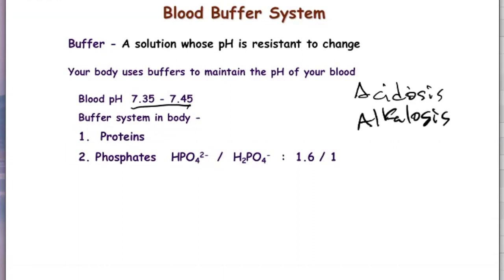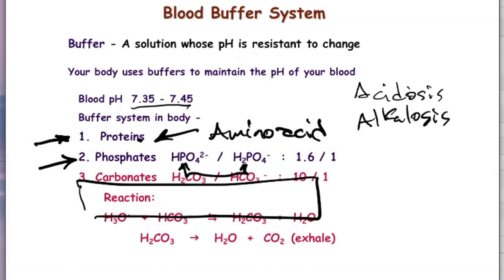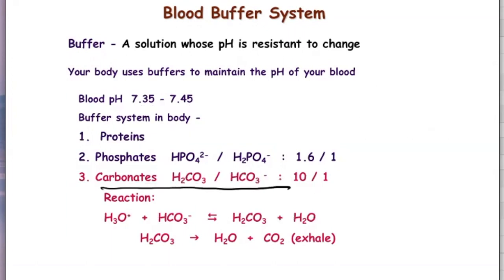The buffer system in our blood is mostly dictated by proteins and phosphates. See how these are conjugate pairs? Proteins are made out of amino acids, and because they have amino acids on them, when you remove the hydrogen from these amino acids, you automatically have the conjugate pairs. But most importantly, we also have the carbonates. The carbonate system is the main buffer system in our body, right here: bicarbonate and carbonic acid, usually in a 10-to-1 ratio.